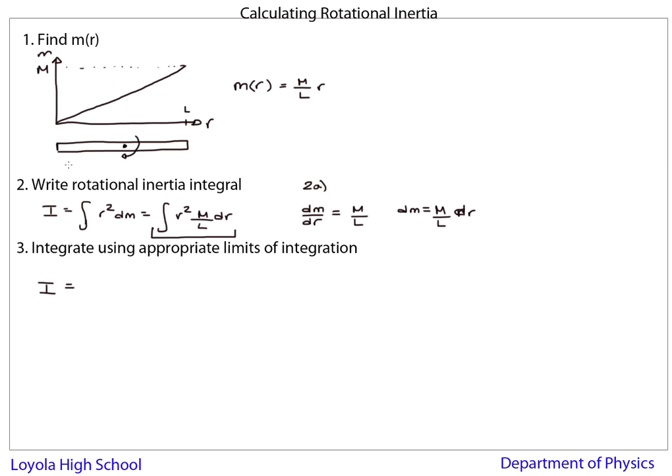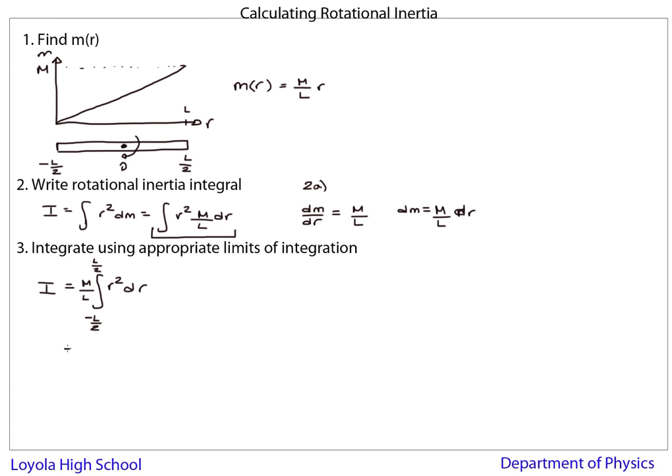When I integrate this, I'll bring the M over L out because it's a constant, so this basically becomes r squared dr. From this center point, which I'll call 0, the integral is going to be from minus L over 2 to plus L over 2. Again, I could change the limits of integration based on where my pivot point is.